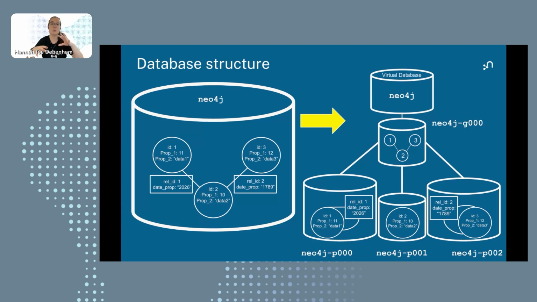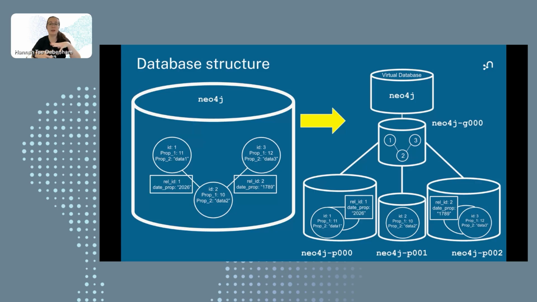This means that when read queries come into the virtual database at the top level, we can do graph traversals at the graph shard level, and we only call out to the property shards when we need to retrieve values.